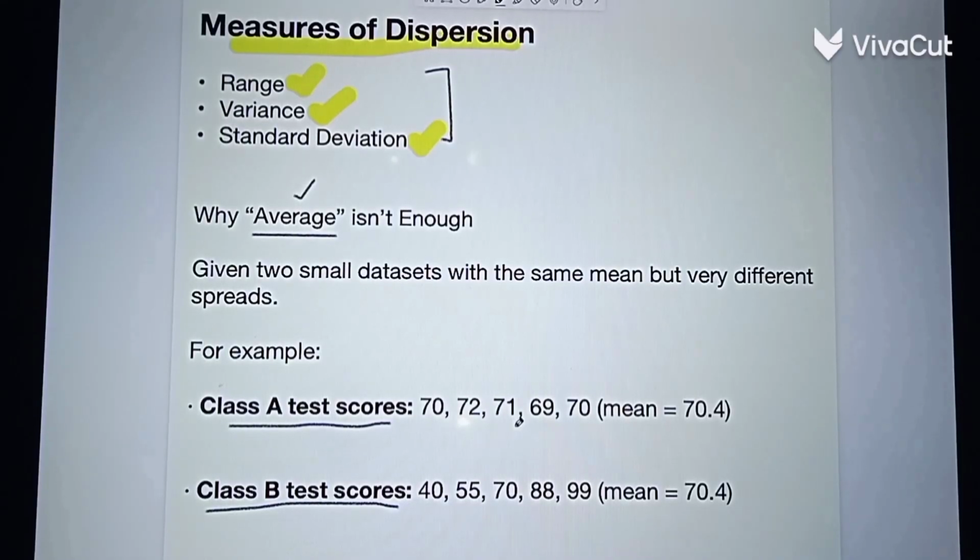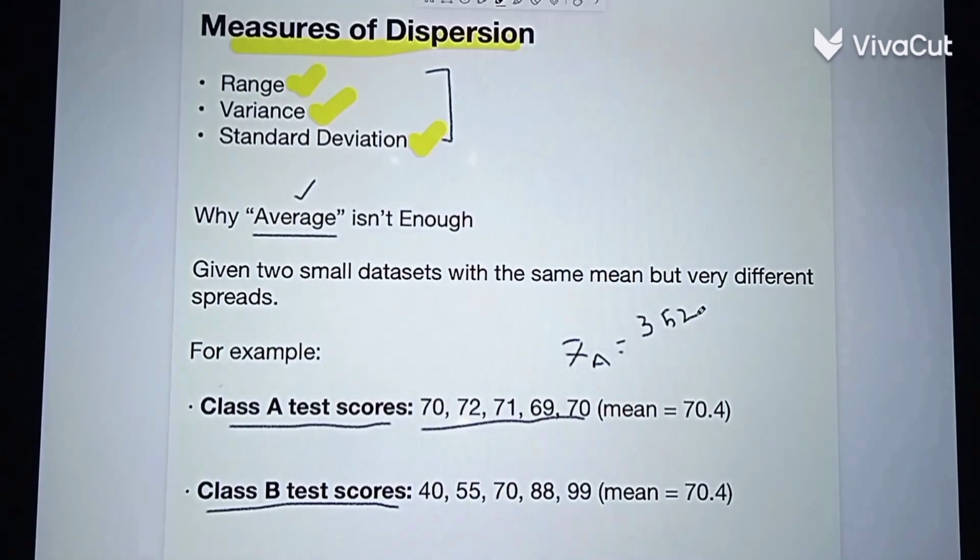When you calculate the mean of this data, that is x bar of A, the sum of all these values is 352 divided by 5 scores, so the answer is 70.4.